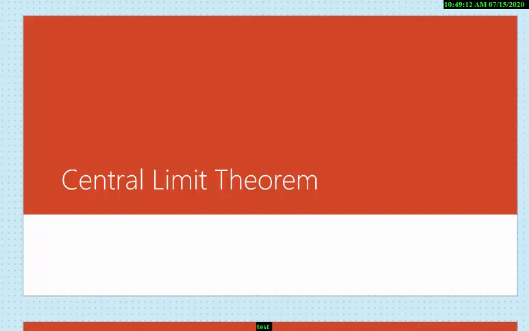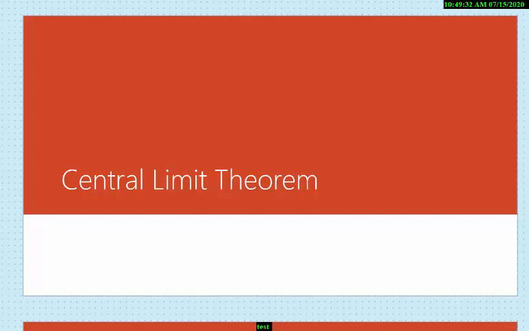Central limit theorem is extremely important because we use it every time that we apply any kind of estimation, or run any kind of hypothesis testing, and we want to make sure that we use it when it is appropriate.